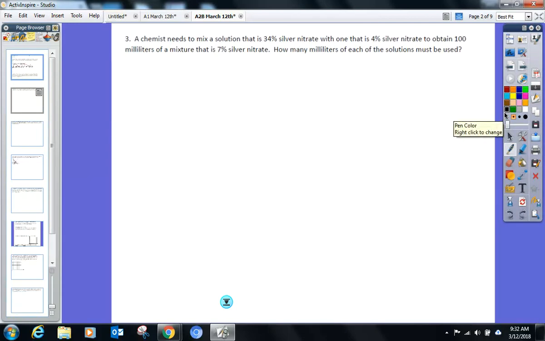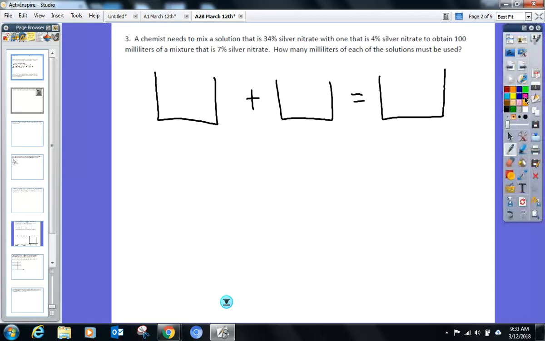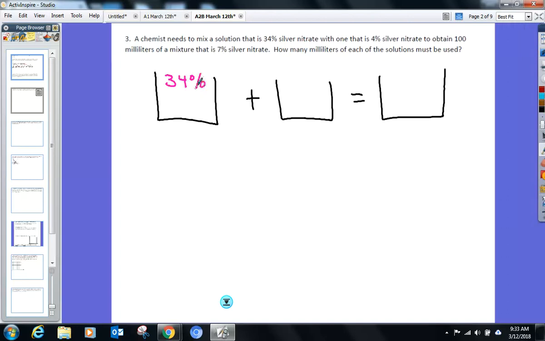Here's one of those mixture problems that I just told you was going to be on there. As elementary schoolish as it sounds, I put the little beakers here that I'm going to mix together to get the final solution. First beaker is 34% silver nitrate.